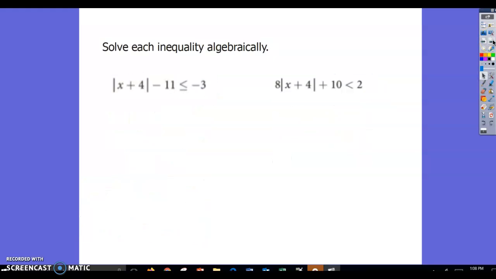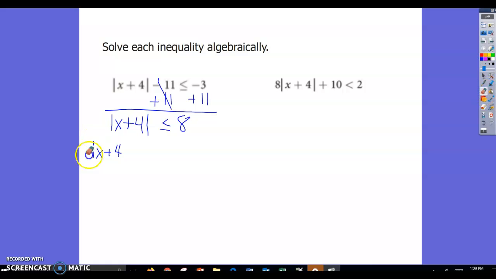Looking at inequalities, we're going to do similar steps. We're first going to isolate the absolute value, so I'm going to add 11 to both sides first. So I'm going to have the absolute value of x plus 4 less than or equal to 8. And then I'll set up my two inequalities. I don't need the absolute value now. x plus 4 less than or equal to 8.